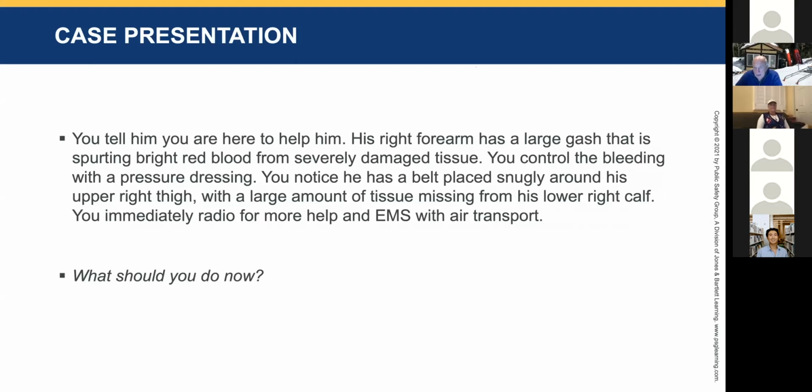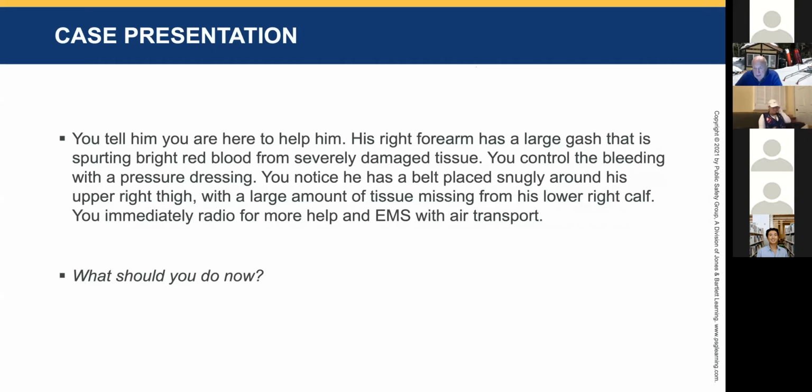Okay, so what we did was we called for transport, air transport. We controlled the bleeding on the right forearm with a pressure bandage. We removed the belt and we used a regular tourniquet, which we have the ability to control the bleeding.